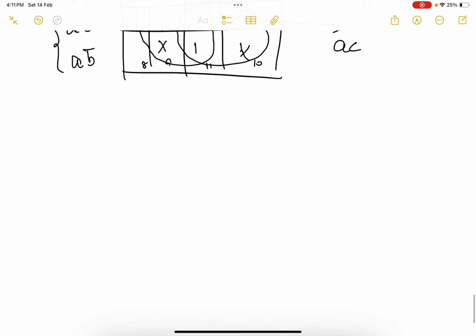Now we will see how we will do the don't care in your product of sums. For example, you are given pi of m 1, 3, 5, 7, 11, 15. So this is the thing which is given in the product term, plus don't care of. Here first this is the question given to you.